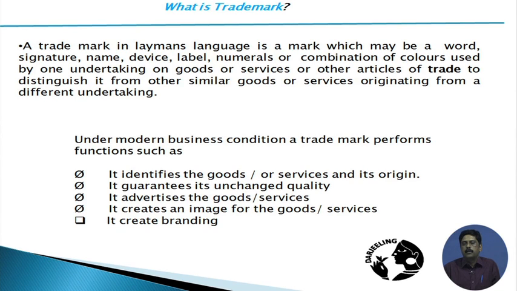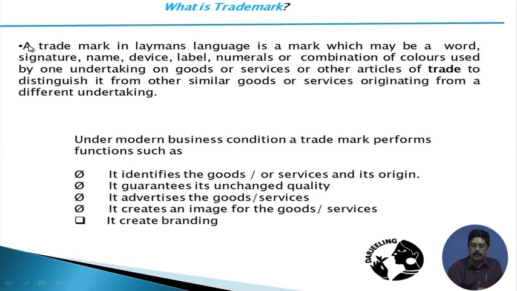So, in what way is that label, logo or name indicating and distinguishing the same goods from one undertaking to another? Mobile from Nokia, mobile from Samsung, mobile from Apple. So, it is distinguishing the same or similar goods from different undertakings.